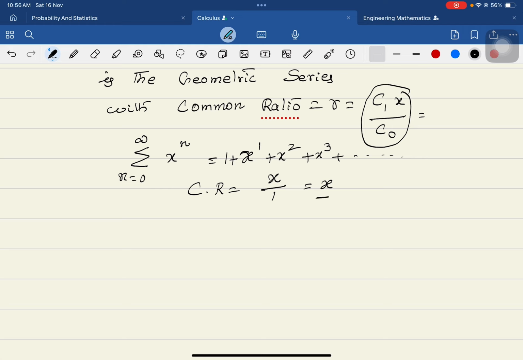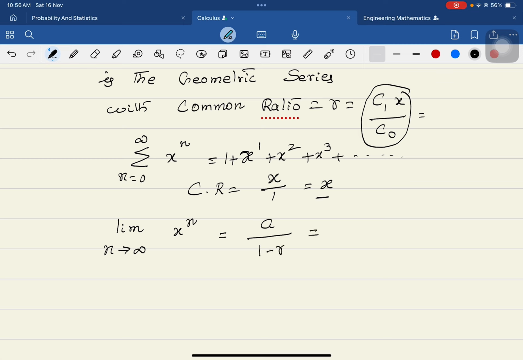Now, when is the series convergent? Because it is a geometric series, in the previous lecture I already explained that the limit as n tends to infinity of the nth partial sum of the series, that is, the sum of x to the power of n, converges to a over 1 minus r.